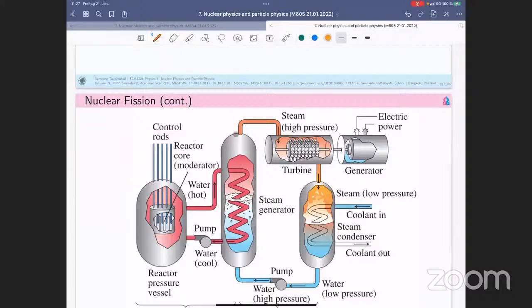Once the steam passes through this pipe, it's going to push the blades in the turbine, okay. This is the turbine, and the turbine is attached to the shaft. The shaft is connected straight to the generator. The generator is the device that has copper winding, and there is an induced magnetic field.